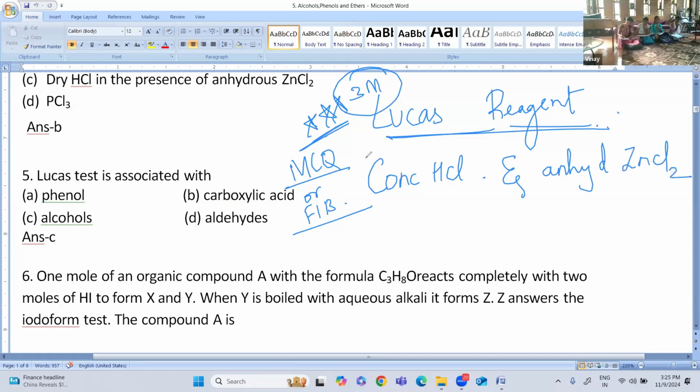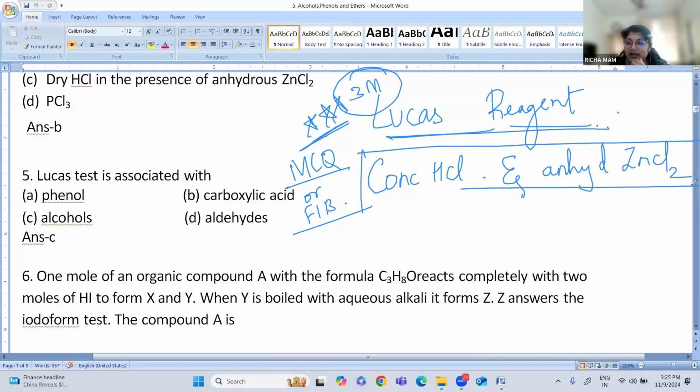Anhydrous means the water molecule associated with zinc chloride is removed, so there is no water or moisture present. So concentrated HCl and anhydrous ZnCl2 is the Lucas reagent.